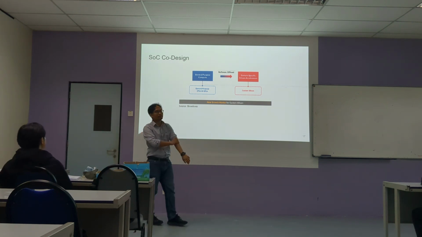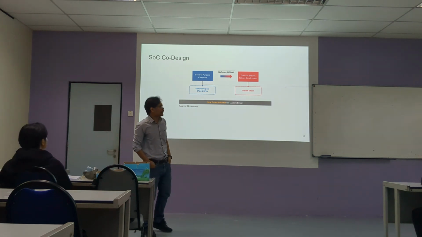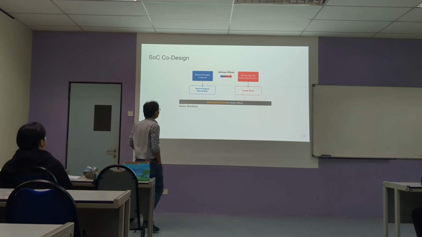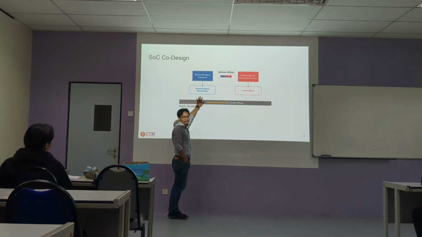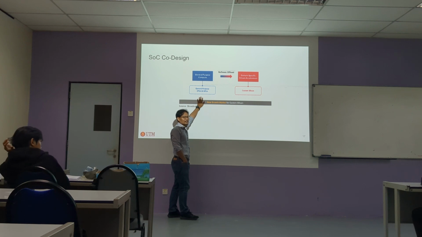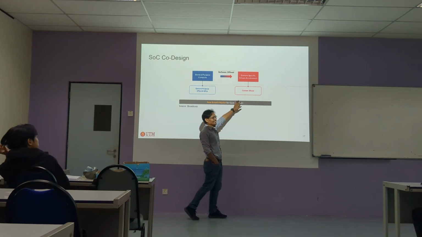I think this is what's happening in the industry as well, but I would say mostly still running here. From what I observed, in my opinion, most of the systems, AI systems and so on, are still running here. Not many are going into here yet.